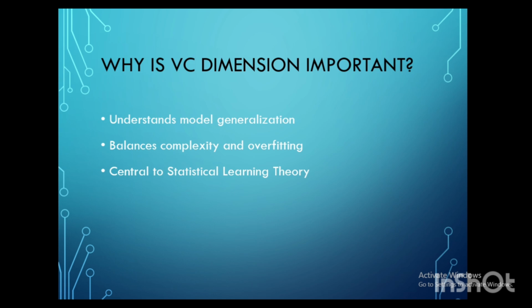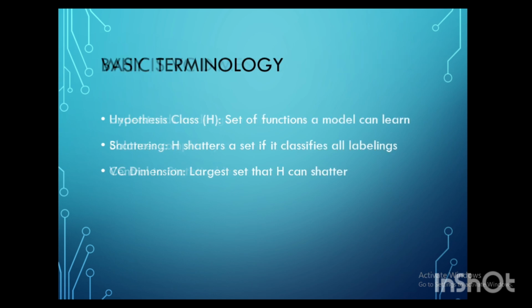Let's proceed with the fourth slide, which is basic terminology explanation. Hypothesis class: a set of functions a model can learn, the set of all functions or models considered during learning. Shattering: H shatters a set if it classifies all labelings.